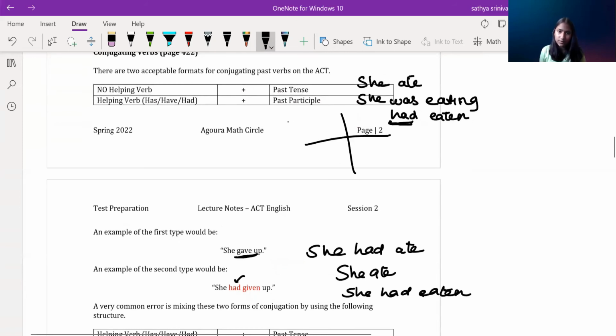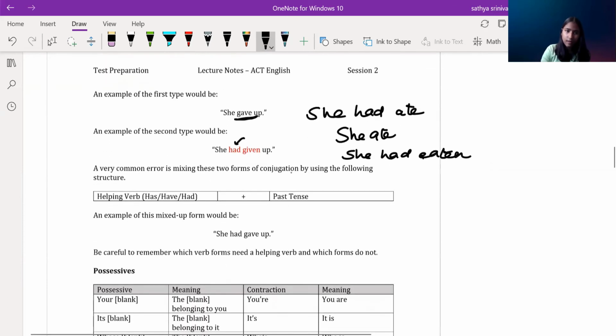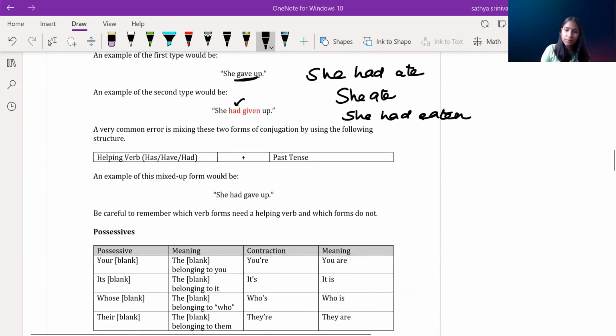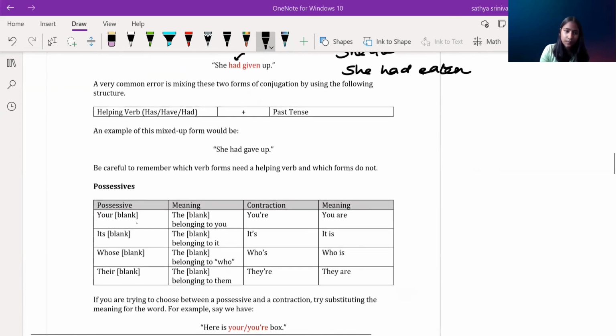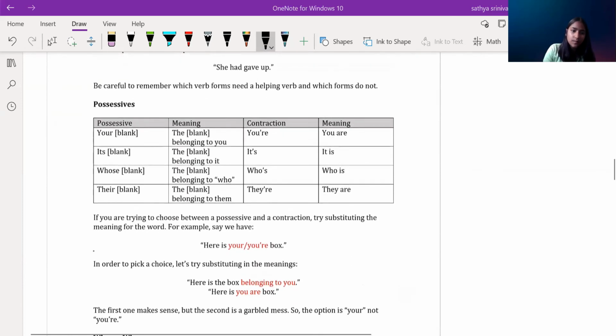So like if we have I ate, you ate, we ate, but past participles like I had eaten, you had eaten, we had eaten, like that. That's the main difference. So you can never have a helping verb with the plain past tense. You can't say she had gave up.